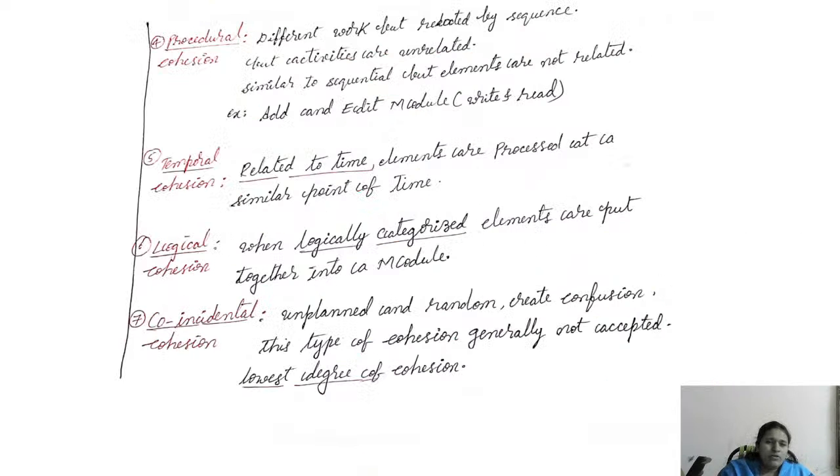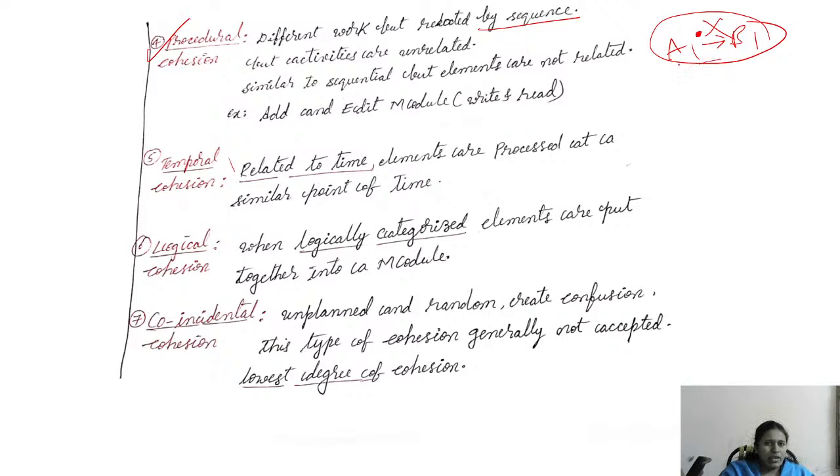Next one is procedural cohesion. These are different works but related by sequence. In functional or sequential cohesion there is a dependency between elements, but here they are only sequentially related. After A1, B1 is doing, but no output is passed. They are not working as a team, just one after another.